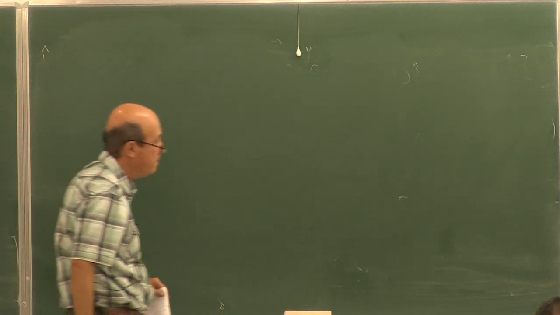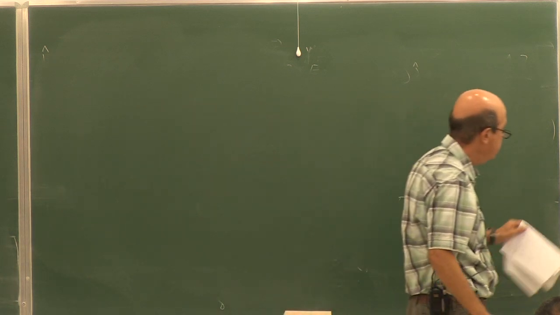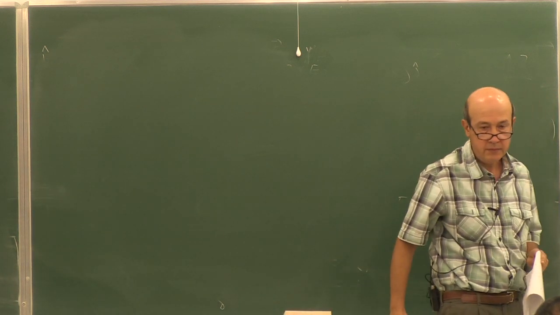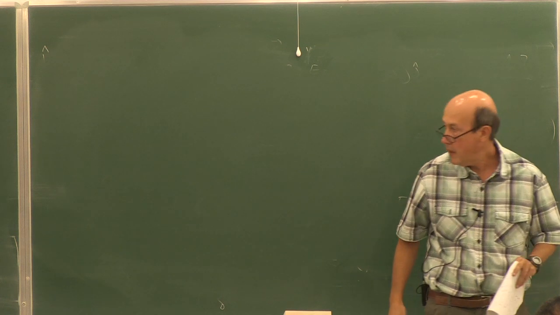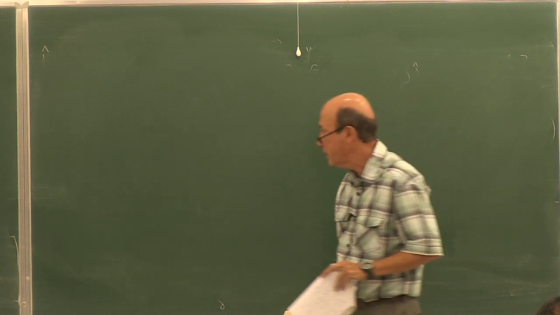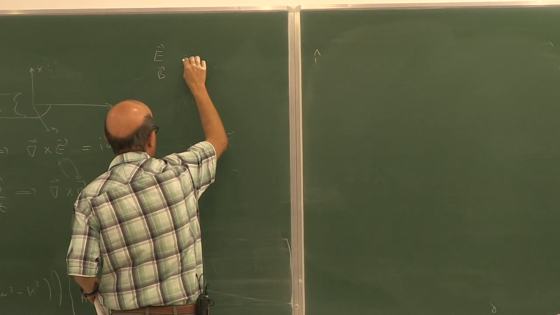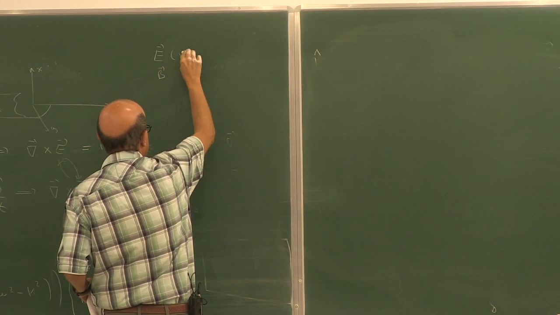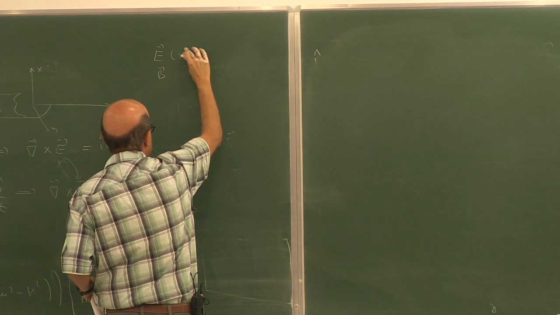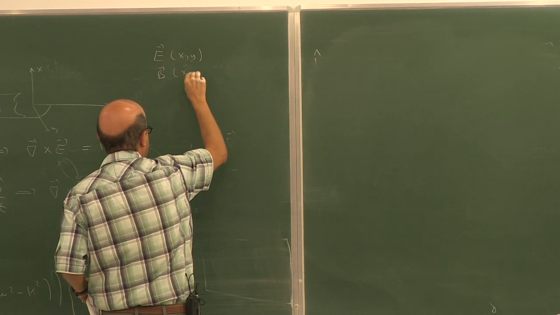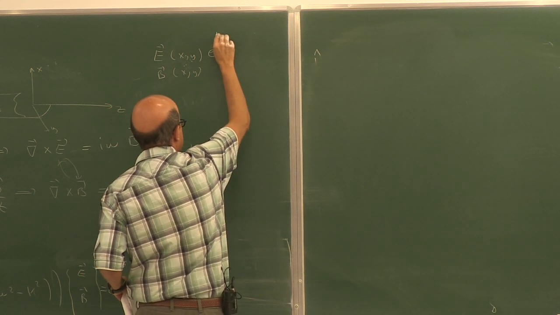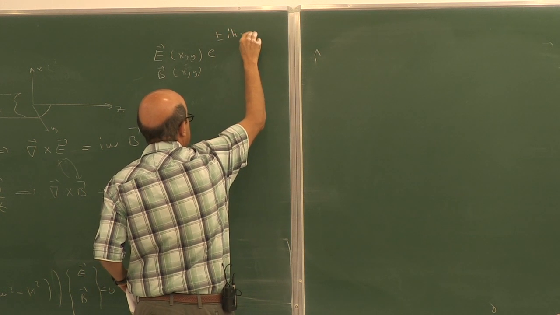So, how are the z components behaving? When we started the wave, we said that E or B has X, Y dependence, sorry, and the z dependence in that form.